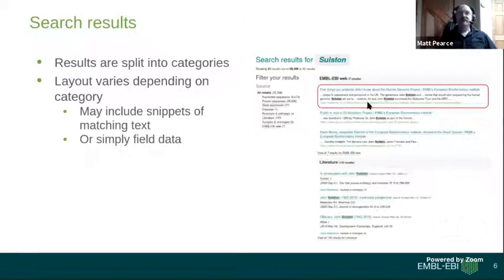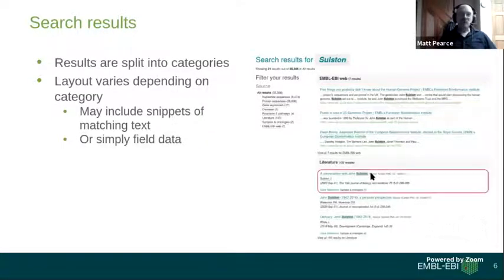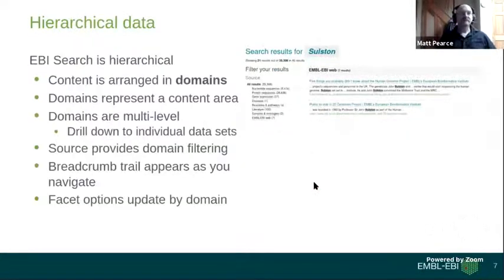The EMBL-EBI Web results include snippets of matching text with hit highlighting enabled, while the literature results only include simple field data. So we've got the title of the document here, some metadata, the author, and a brief citation for the result.